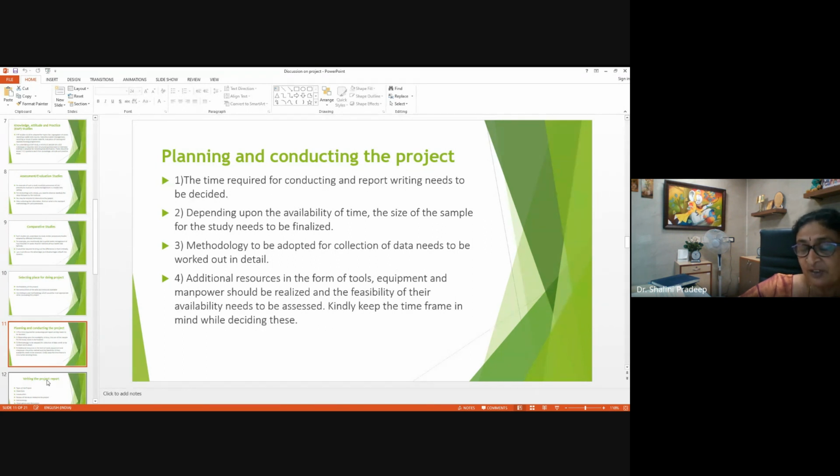You'll have to think of the time limit, and based on the time limit, if you're just giving a questionnaire, how long will it take for them to finish the questionnaire? Can you give the questionnaire and go back and collect it from them, is what you have to decide. Or whether you have to administer it, as they answer your questions, you have to sit and write the answers. In that case, you need to spend more time with the person. So you'll have to divide the time in such a way that you're able to collect all the information. Okay. So time frame is very, very important.